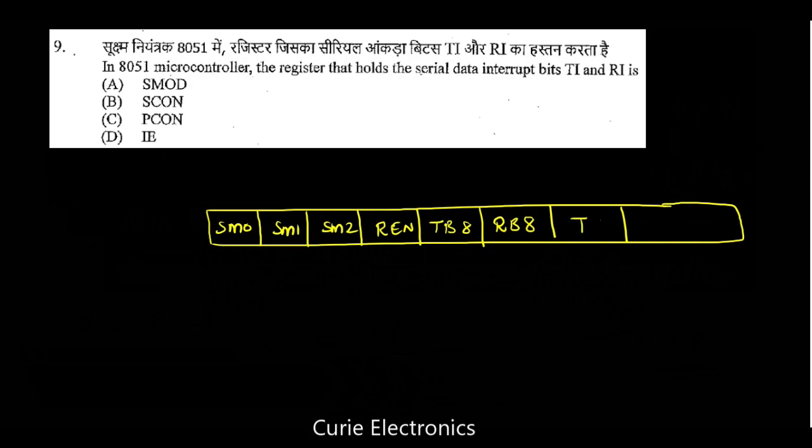Then TI, RI, transmit interrupt and receive interrupt. These all are there in one register. Which register? It is the SCON register, serial control register. So this TI and RI are there in the SCON register, that is the serial control register.